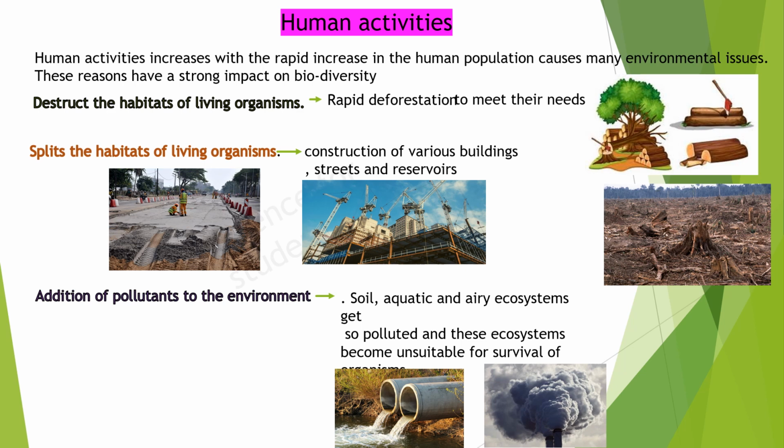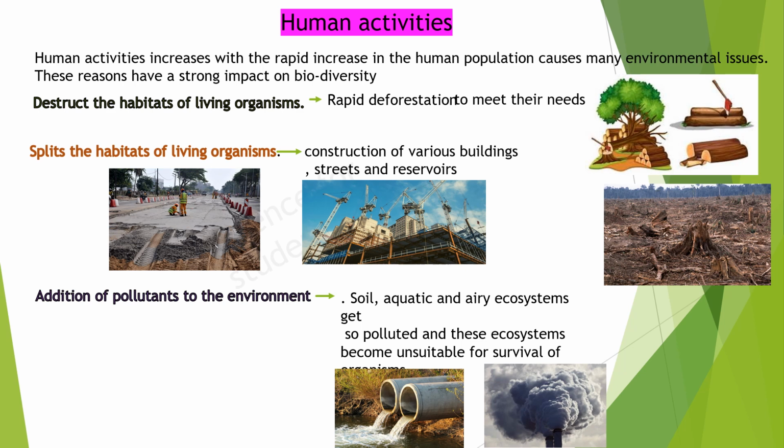We can take rapid deforestation to meet their needs. Then splitting the habitats of living organisms. When we construct various buildings, streets and reservoirs, we are splitting the habitats into parts.